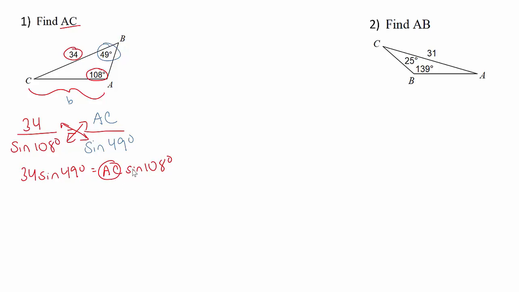So I'm just going to go ahead and divide over here by everything that isn't side AC. So I'm going to divide by sine of 108 degrees on both sides. This one cancels out, so I get that the length of AC, or side AC, is equal to all of this, which I can actually type in my calculator very carefully: 34 times sine of 49 degrees, and then divide by sine of 108 degrees.